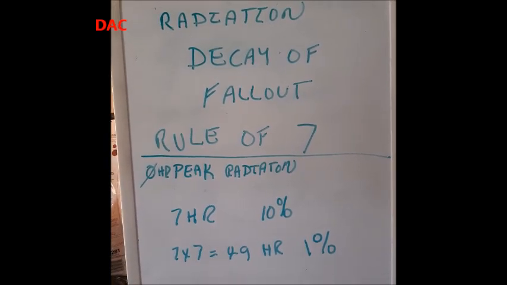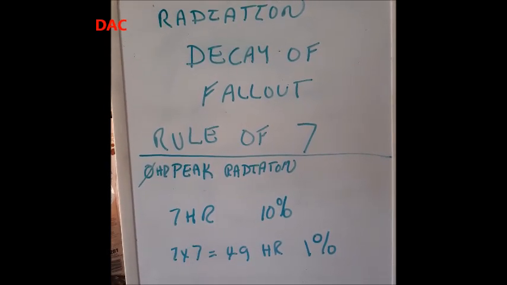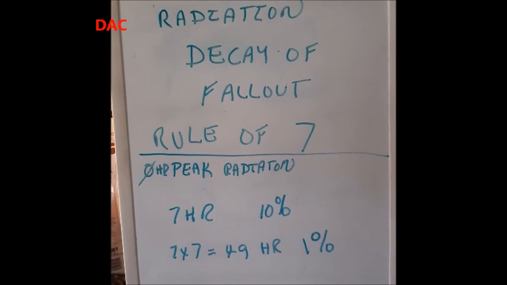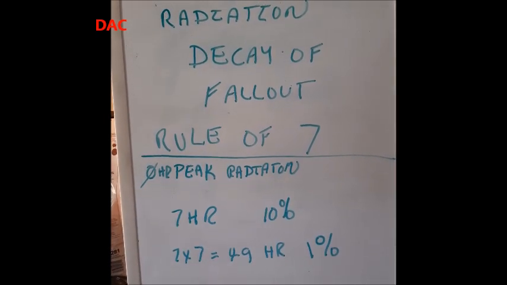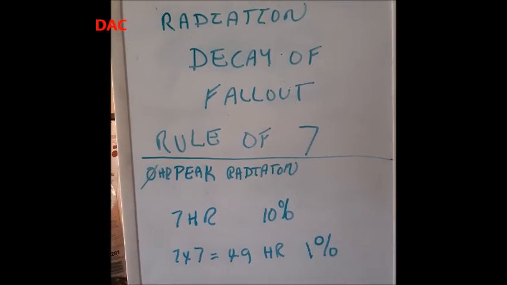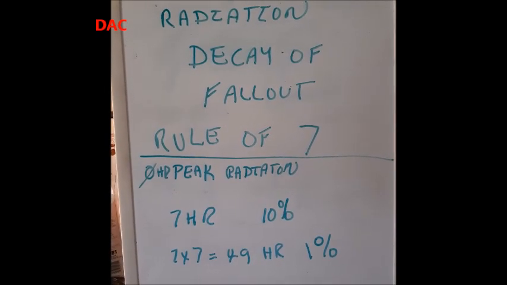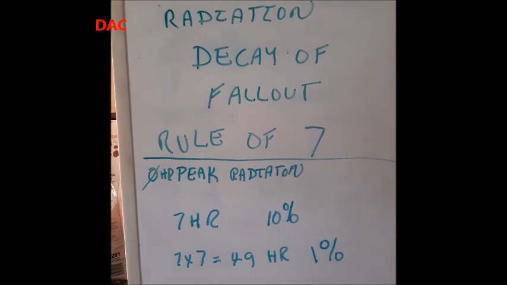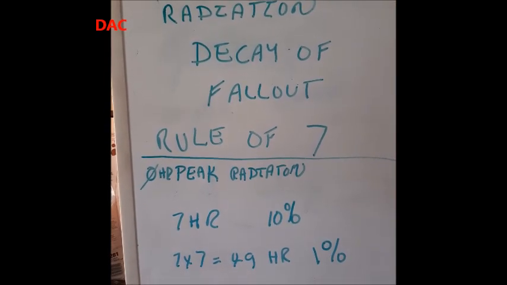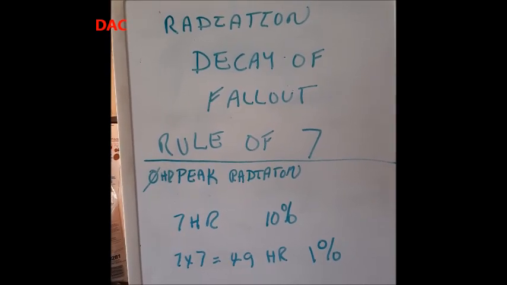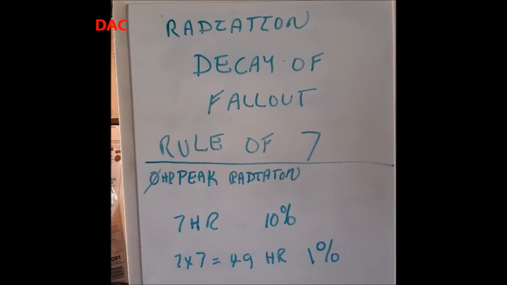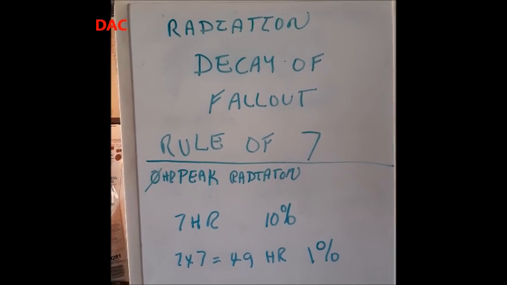Now, what's important to know here is the decay period is at the 0 point for your location. So if one nuclear weapon is detonated, it may take 10 hours for the radiation fallout to reach your position. So the rule of 7 begins when you hit peak radiation. So you would use your detection equipment to follow the increasing radiation till it reached a peak.